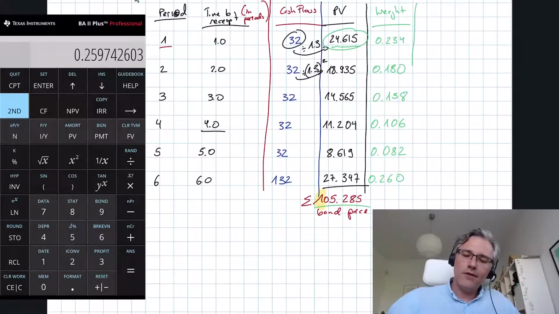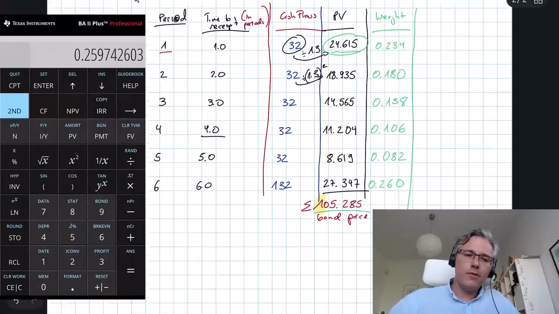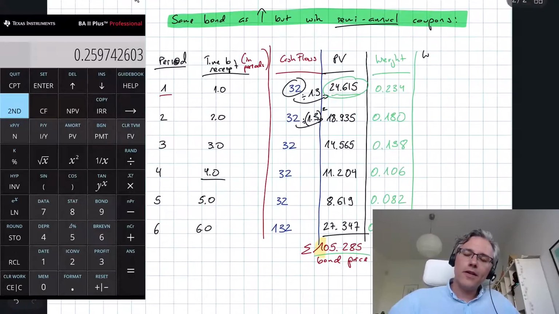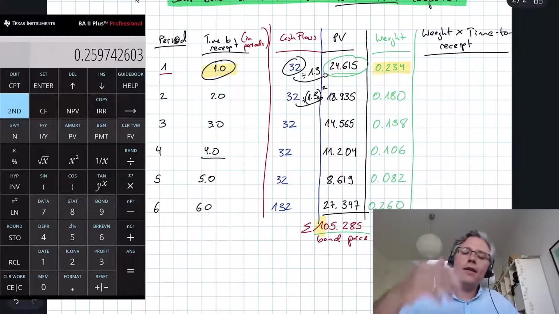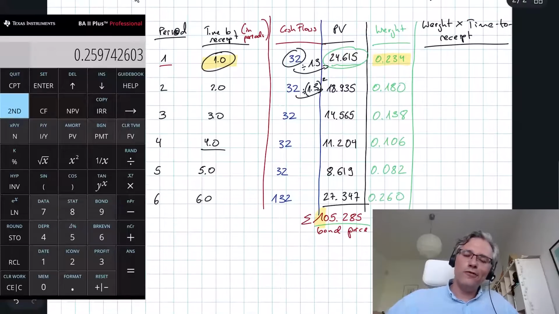And you may recall from the computation we did just a moment ago that the last step is to take each of these weights and multiply by the relevant time to receipt, or time to receipt multiplied by weight. It really doesn't matter. So take this number, 1, multiply by the weight we just calculated, and then add all of them up. 0.234.